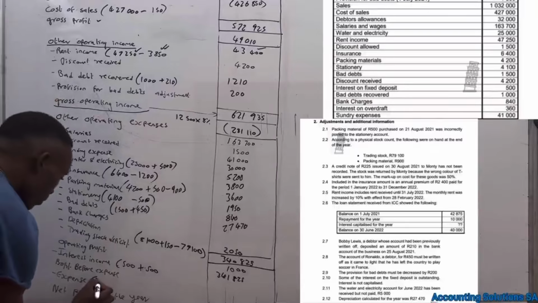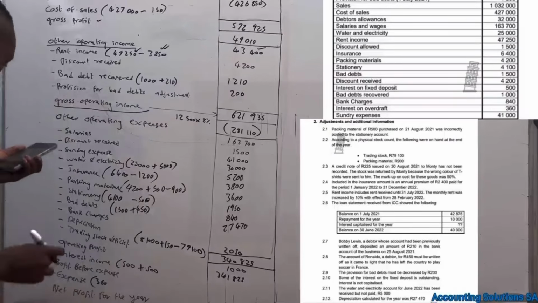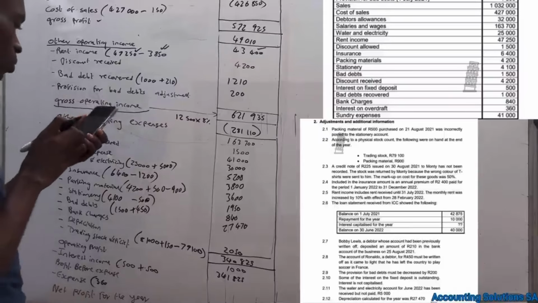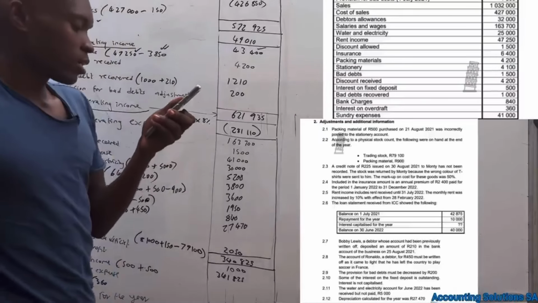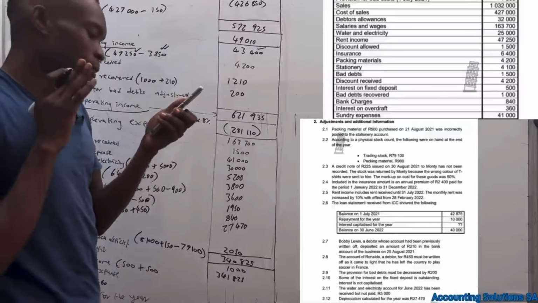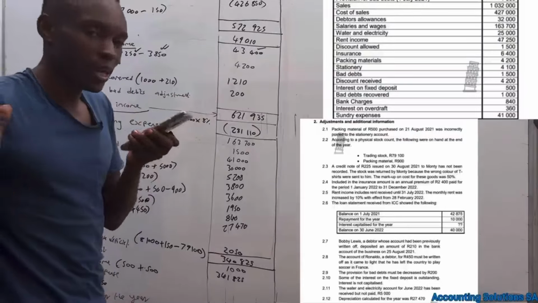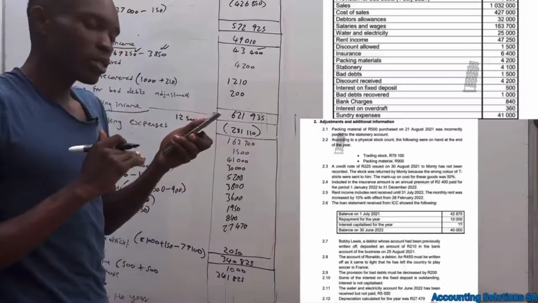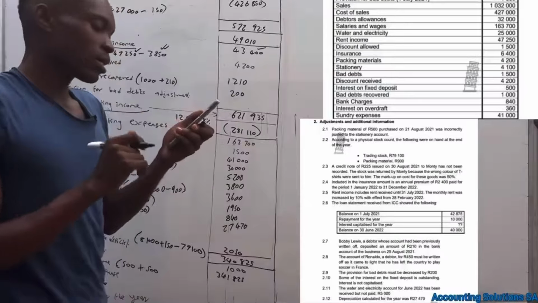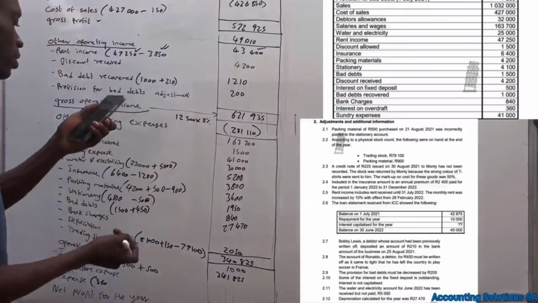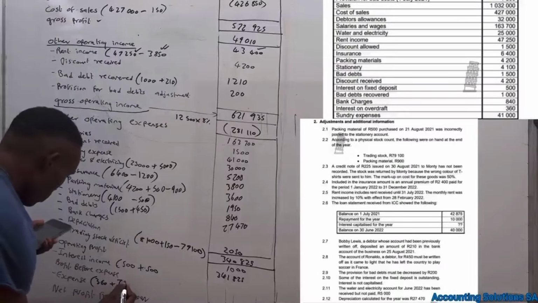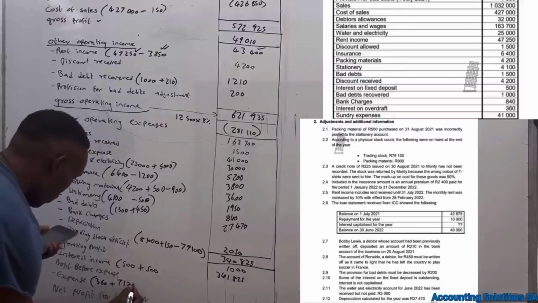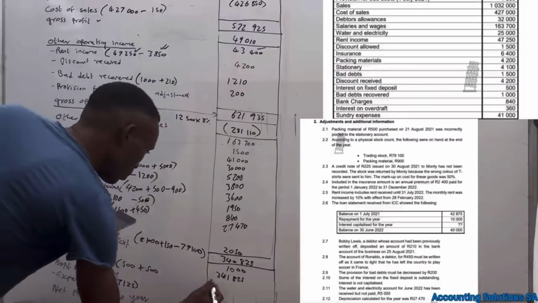The first one we are given is 360, and the other one we have to calculate according to the table that we are given. 2.6, you take the opening balance and subtract the rest. You say 42,875 minus 10,000 minus 40,000 is going to give you plus 7,125.